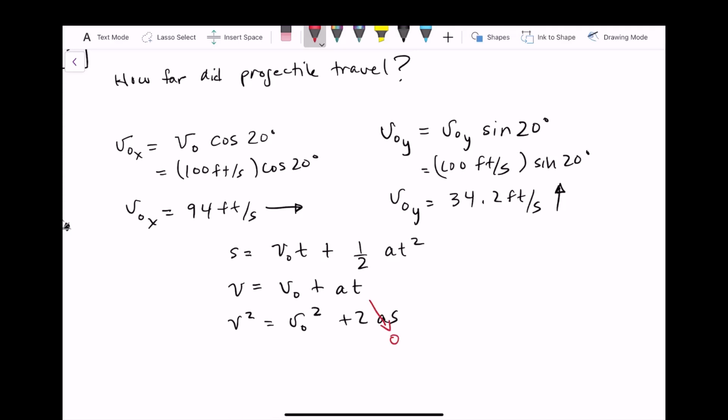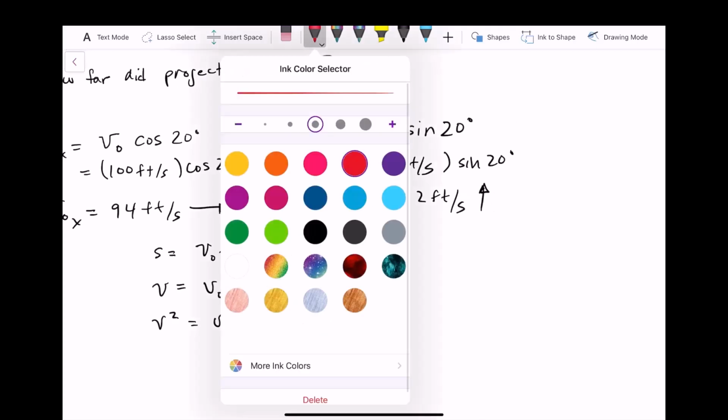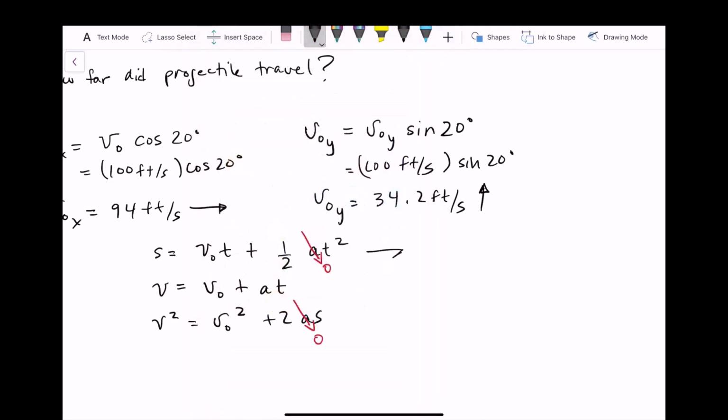That's just saying velocity equals velocity. But it helps us with this term because then what it's saying is that s is equal to v naught t. So if we were to write that out in terms of x components only, it would be sx equals v naught x times t.